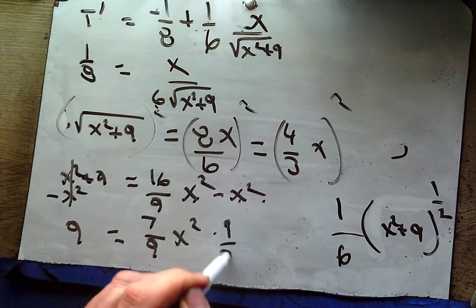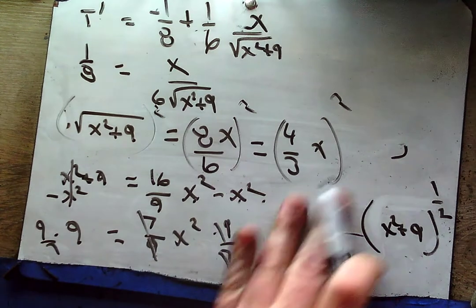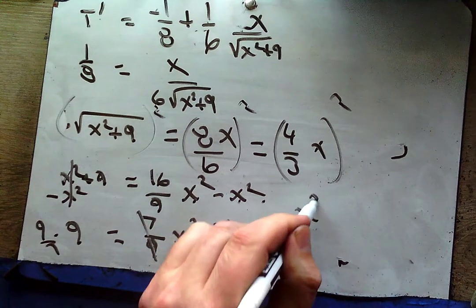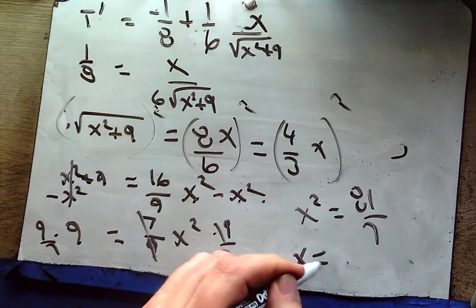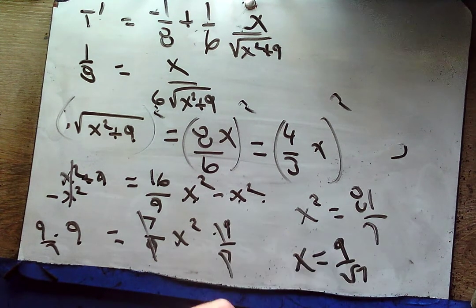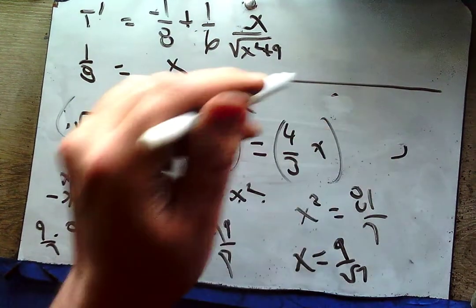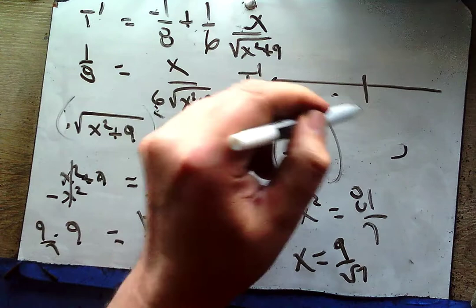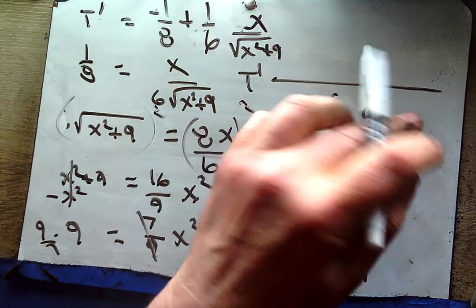Multiply both sides by 9 over 7. And I get x squared equals 81 over 7, which means x equals 9 over root 7. Okay, so time seems to be minimized when x is 9 over root 7.